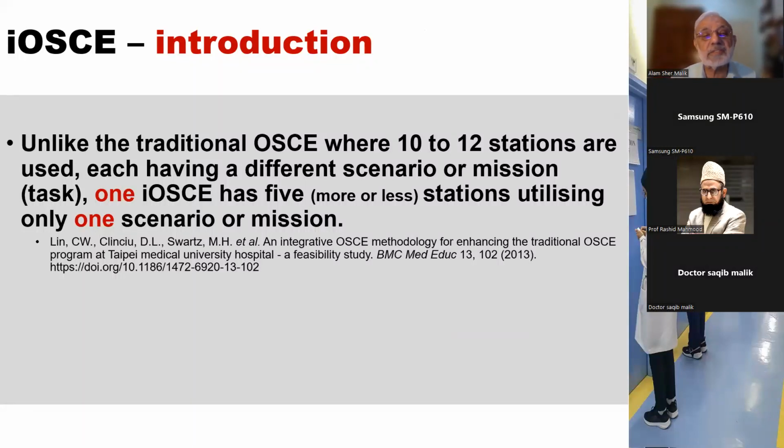Now, this is the basic difference, and this would clearly tell us what is the difference between a traditional OSCE and an integrated OSCE. In traditional OSCE, there are a number of stations, and each station has a different task and a different patient, a different scenario.